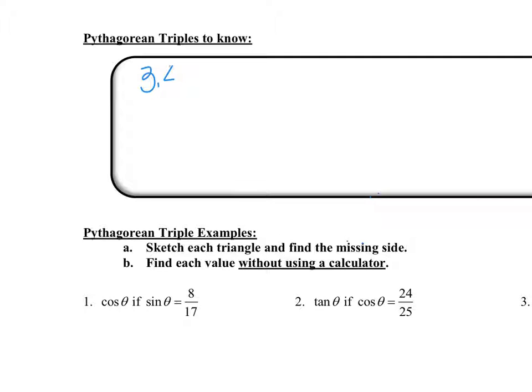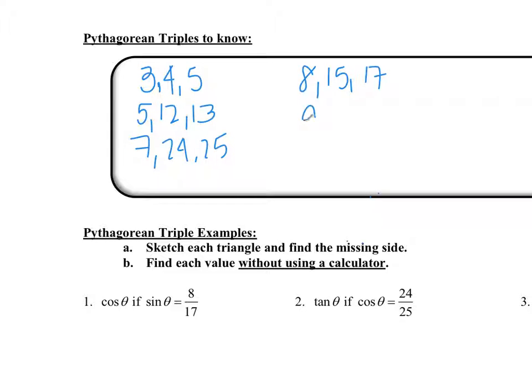So 3, 4, 5 is one, 5, 12, 13, 7, 24, 25, 8, 15, 17, and then 9, 40, and 41. I could do multiples of them. For example, if I did 3, 4, and 5 and multiplied it by 2, then 6, 8, and 10 would also be a Pythagorean triple. You should have these memorized and be able to recognize them fairly quickly.